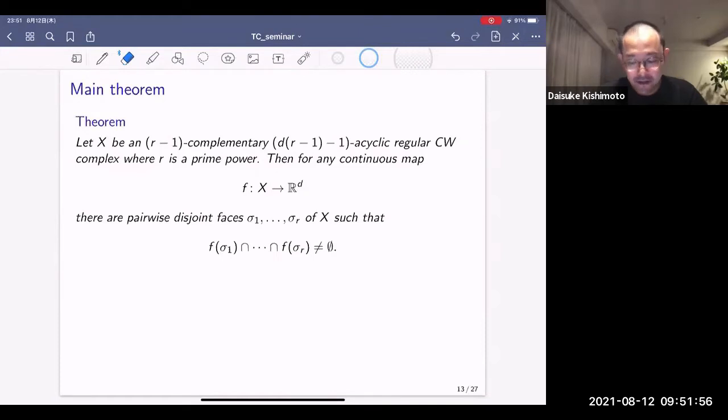Then for any continuous map F from X to R^D, there are pairwise disjoint faces sigma 1 to sigma R of X, such that their images intersect. So the topological Tverberg theorem is the case where X is the D times R minus one skeleton of the D plus one simplex.